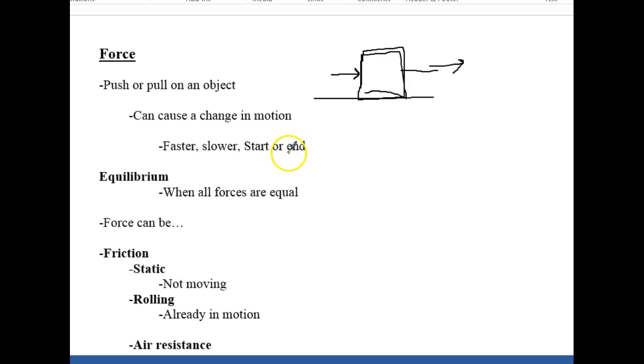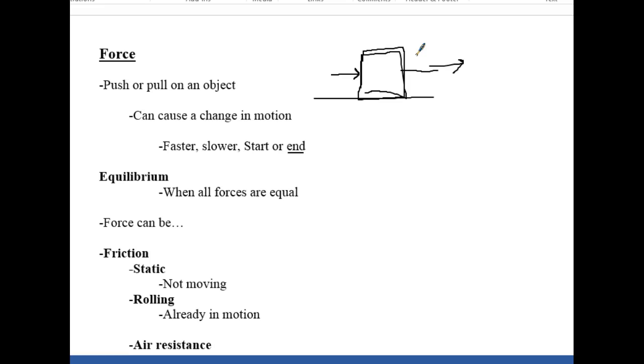You can cause it to stop or the motion to end. Or if it's moving, you can apply a little force to it and cause it to go faster. Or like if you're in a car, you can apply the brakes and cause it to slow down. So forces really act in different ways to affect motion.